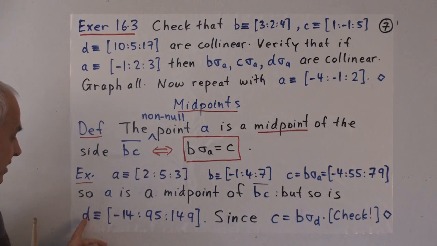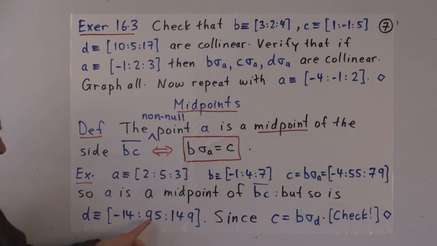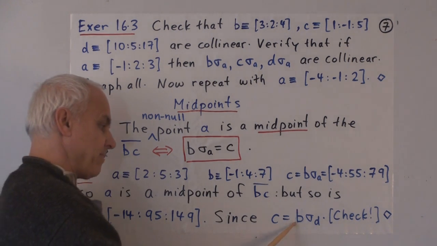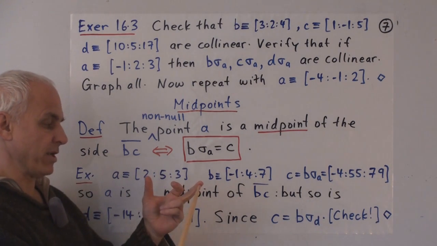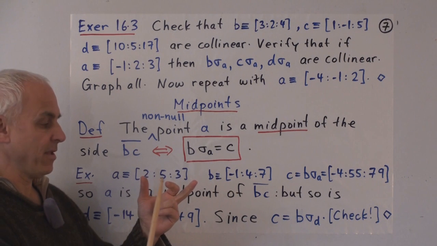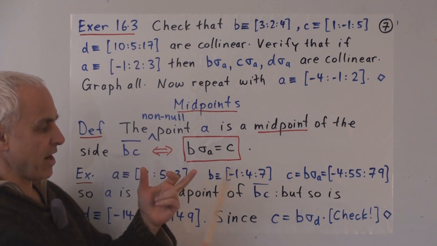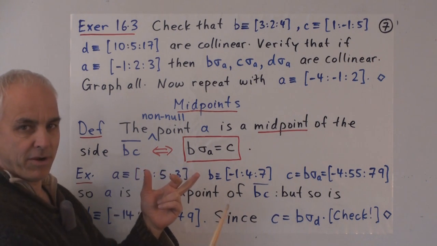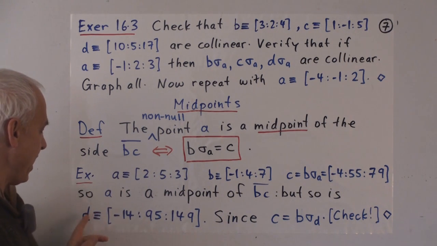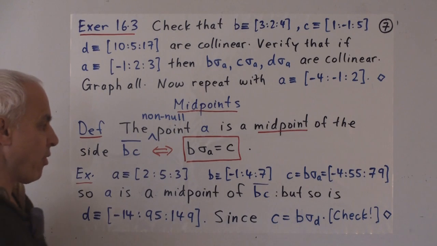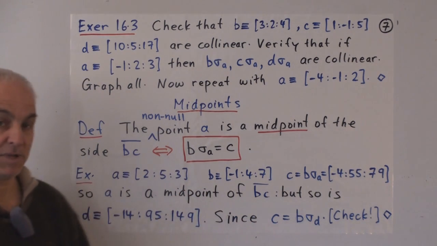In this case, this point D, which I've pulled out of a hat, minus 14 to 95 to 149, also has the property that if you reflect B in D, you get C. This is a second point that reflects B to C. And in the picture, you can think of it as being outside somewhere. So we have 2 points A and D, which are both midpoints of the side BC.